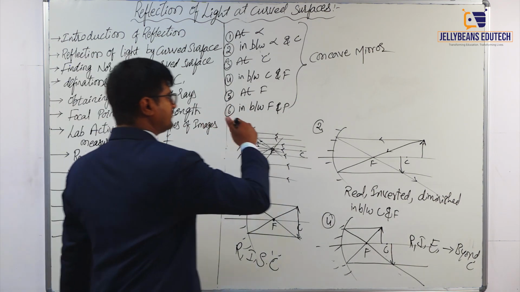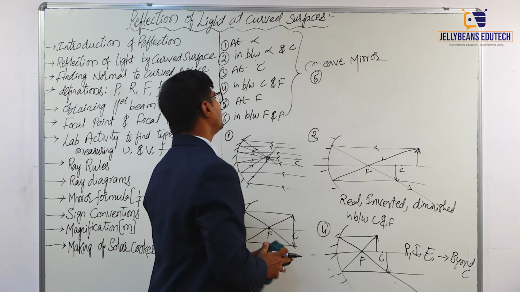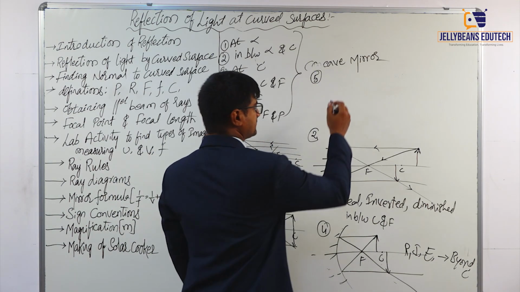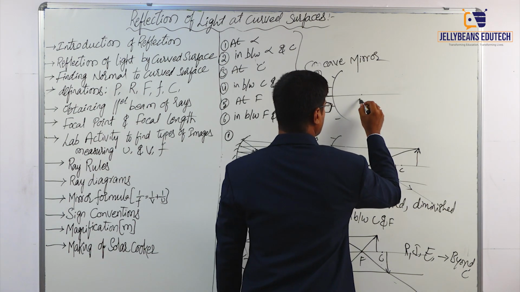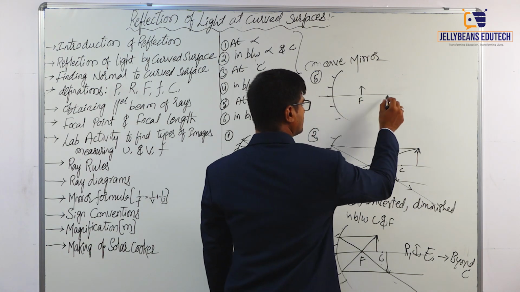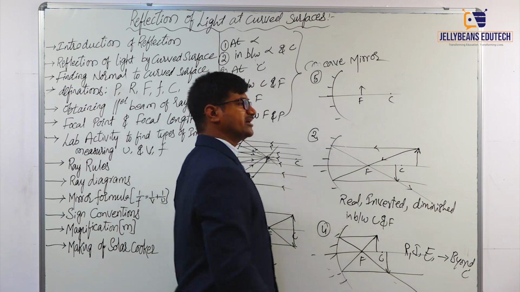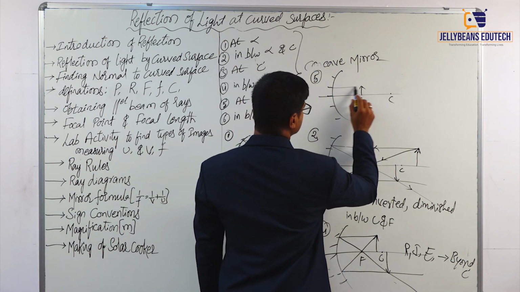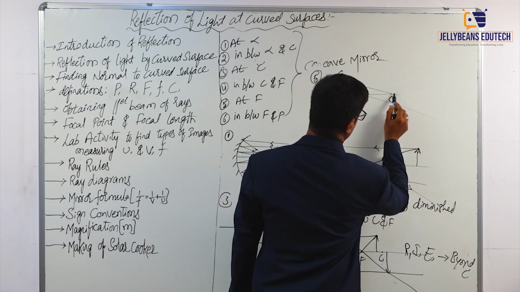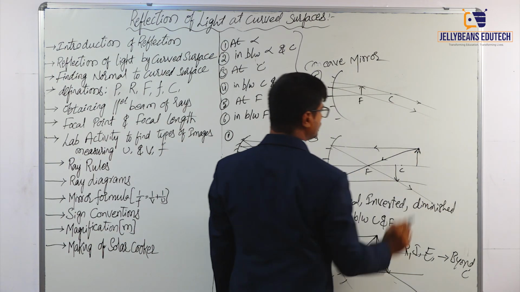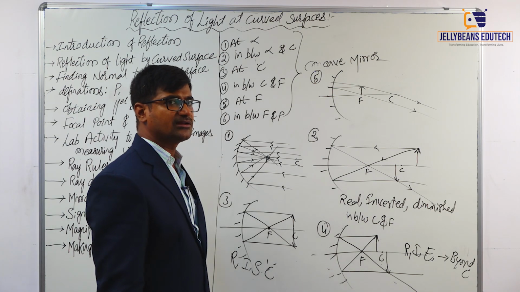Next, coming to the fifth position, at F. When we place an object at F, we observe that these two reflected light rays are parallel to each other.